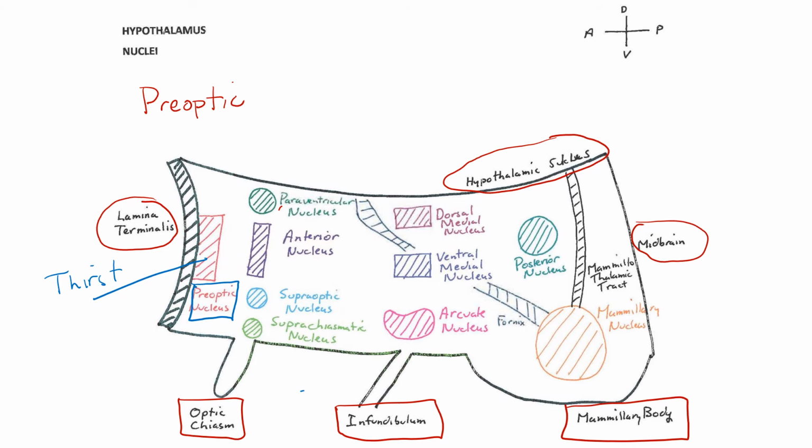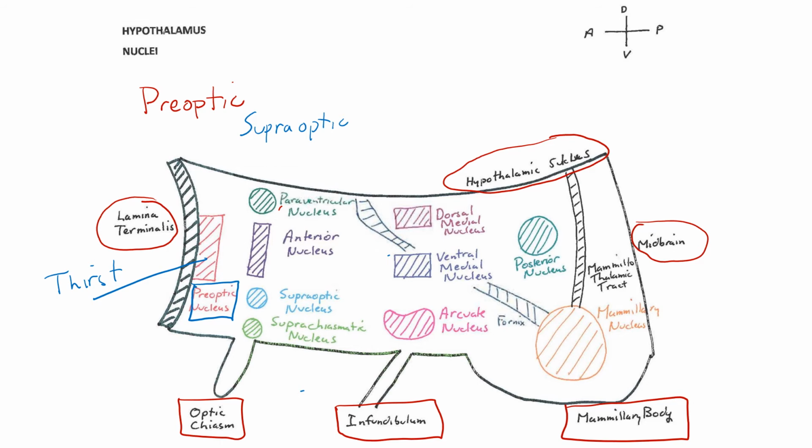The next area is called the supraoptic area. The supraoptic group of nuclei is named because these nuclei are going to stack up right above the optic chiasm. And when we look at this area, we are going to see four nuclei.